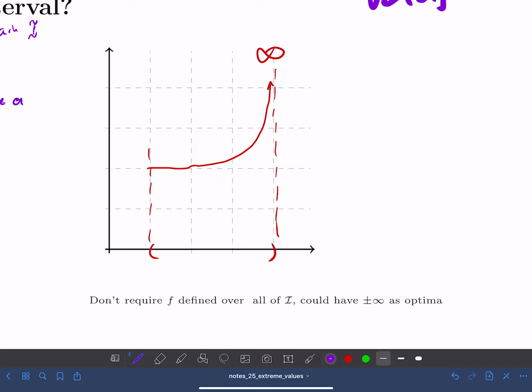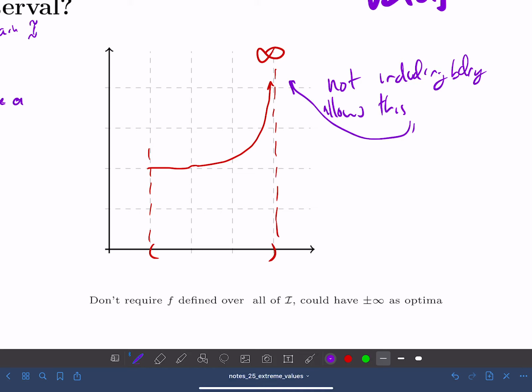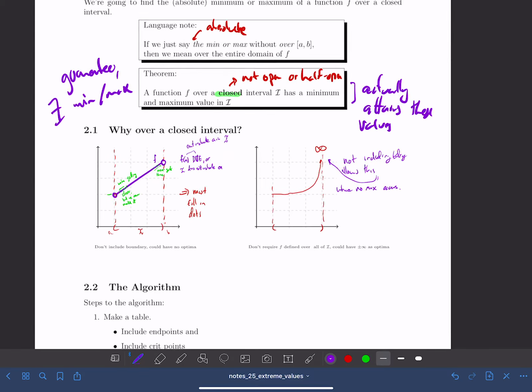And so the point here is that not including the boundary allows this case where no maximum occurs. In this case, we can say the limit is infinity, but the limit, formally speaking, doesn't even exist. So we have to require that the interval that we're thinking about is closed.